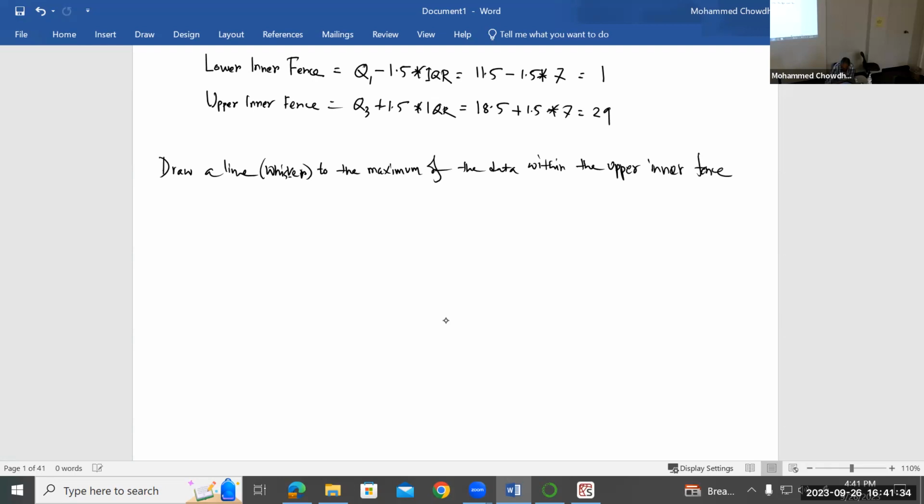A cat has a whisker, right? I'm going to ask you a question after drawing this. Now draw a line to the minimum of the data within the lower inner fence. What is the meaning of this? Draw a line whisker to the maximum of the data within the upper inner fence. Draw a line to the minimum of the data within the lower inner fence.